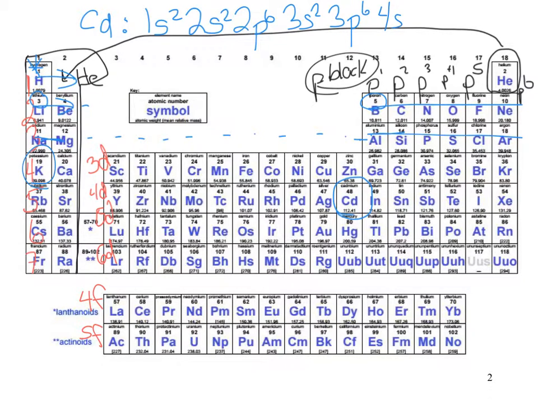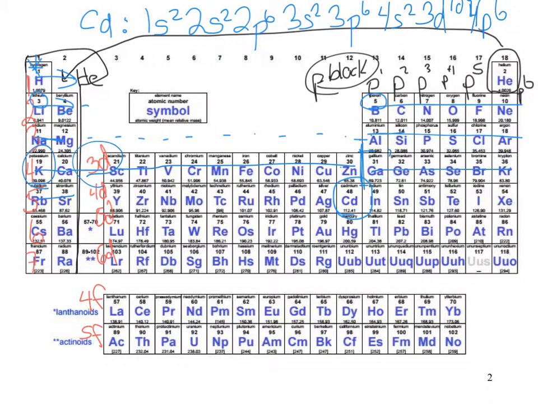4th row, s block, 2 elements, and then I keep going, but now remember how we labeled that as the 3d, so now I'm in 3d. I need to go through all of them, so it's 3d10. The next block I get into is the p block again, but you have to remember that the row number for the p block is the same as it is for the s, because I had gone back 1 for the d, so I've got 4p6, go through all those.